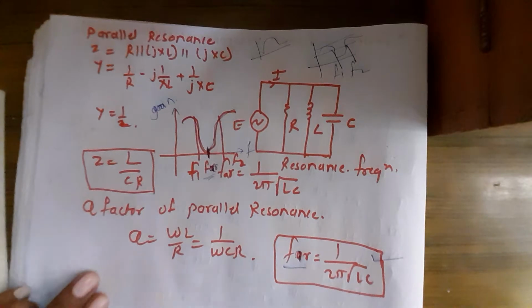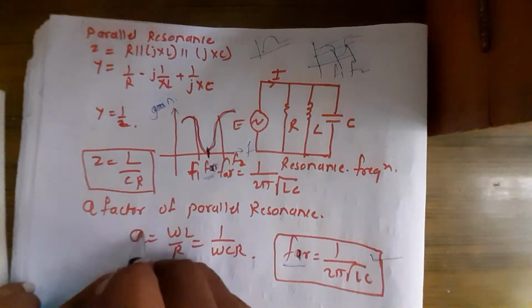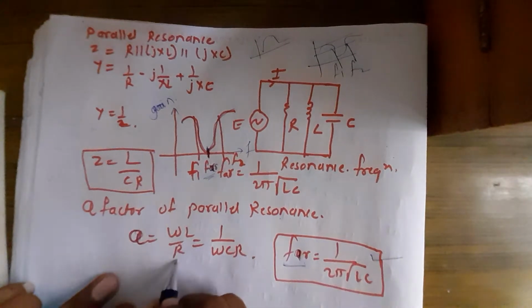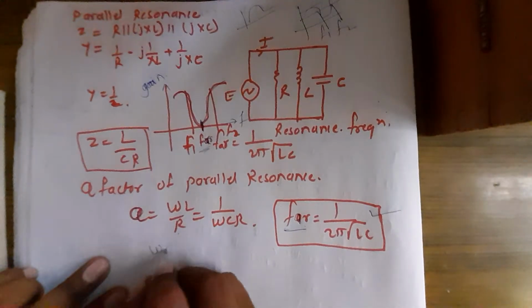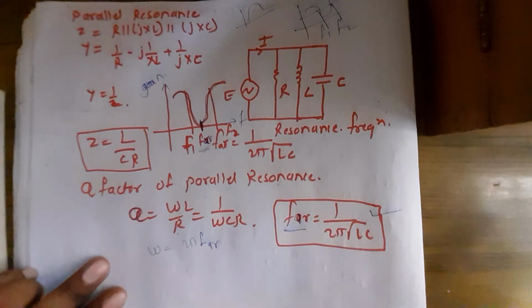Then we go to the Q factor of parallel resonance. The formula is the same as for series resonance. Q equals omega L divided by R, equals 1 upon omega CR. Omega equals 2 pi F, but here we write FAR.